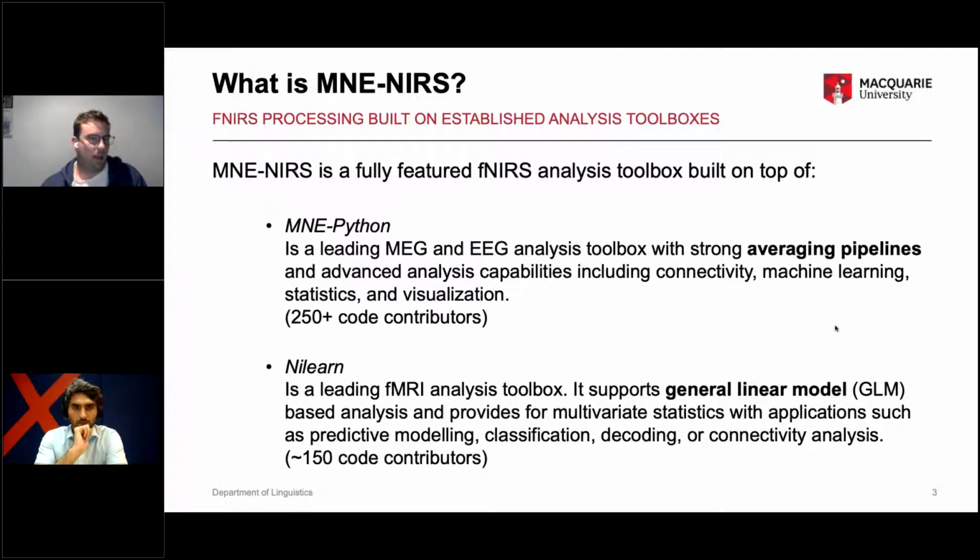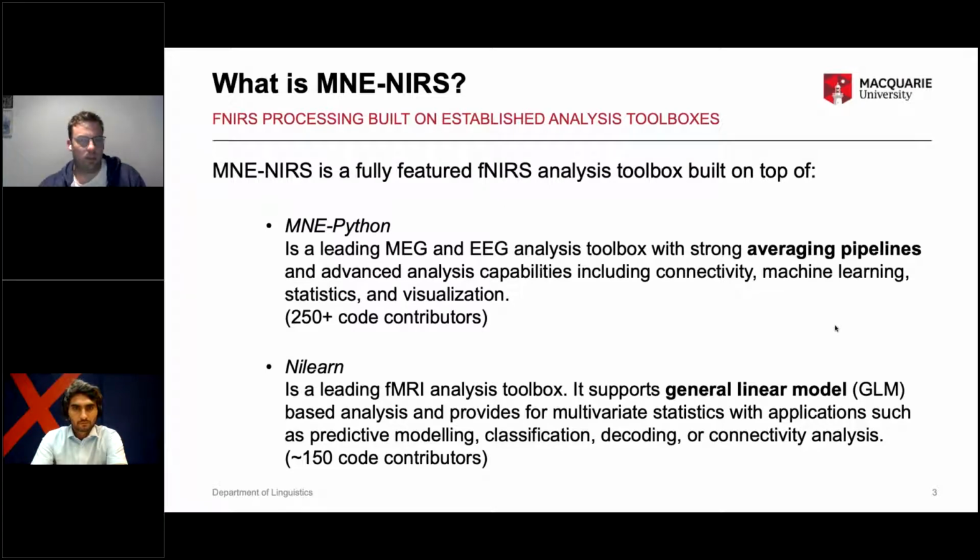MNE NIRs is also built on the NiLearn toolbox, which is an fMRI analysis toolbox, and that's got really strong GLM capabilities. And so what we've done is we've taken these two toolboxes and combined them to provide an fNIRS analysis toolbox.